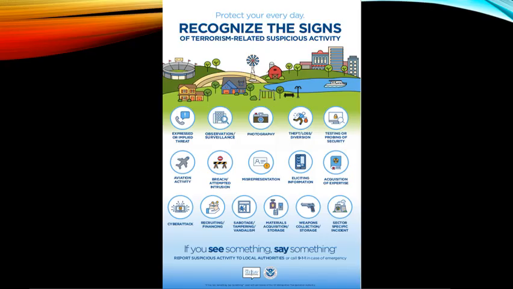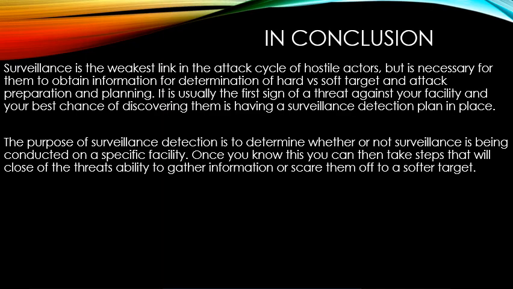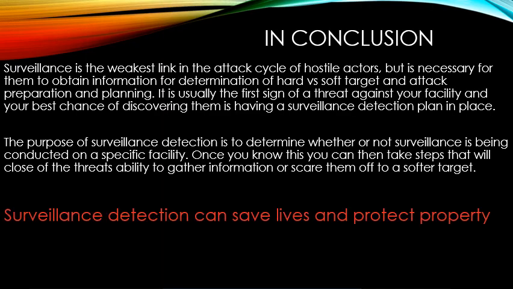They also have posters and other things for their See Something, Say Something program, which gives you things to look for in reporting suspicious or terrorism-related activities. All these are important to your surveillance detection program, and they can all enhance it and make you safer. And remember, surveillance detection can save lives and protect property.